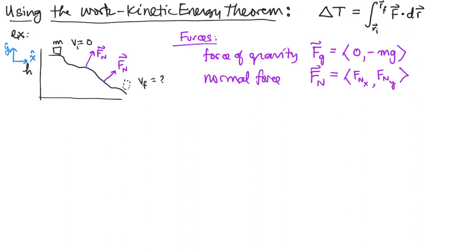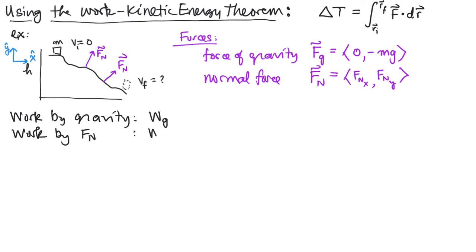So when we compute the total work, there's going to be, in general, work done by each force separately. So we have work by gravity, and we have work by the normal force, and we can call this Wg, and we can call the second one Wn, and so the total work on the system is equal to the gravitational and normal force works added together.